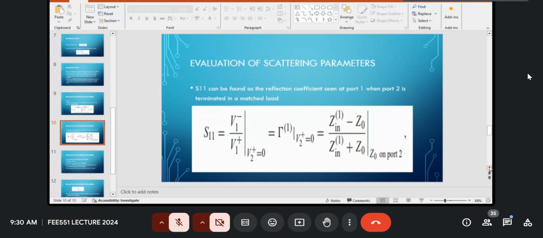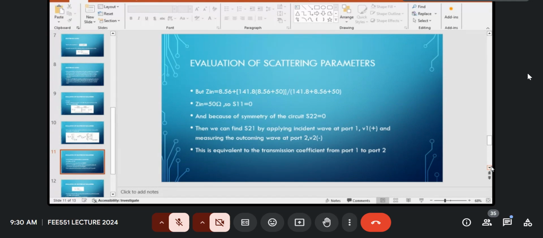That's why V2 positive is equal to 0. We use the impedance at the input minus the matching impedance, over the impedance at the input plus the matching impedance.